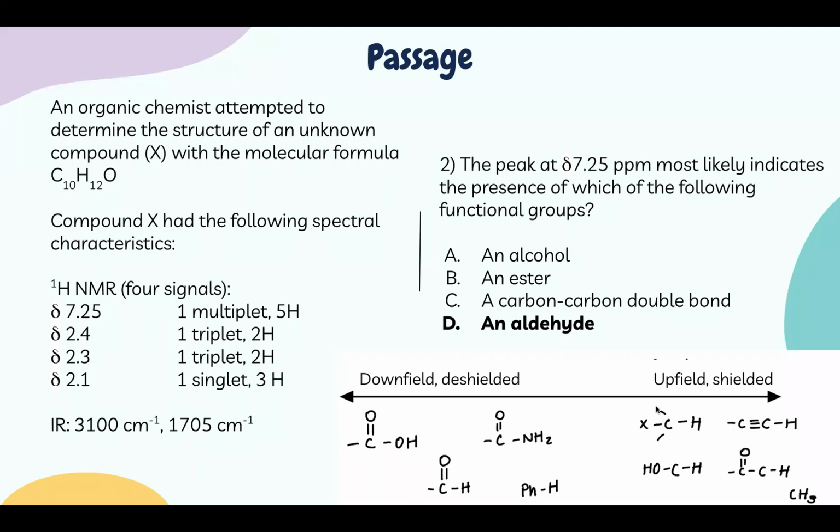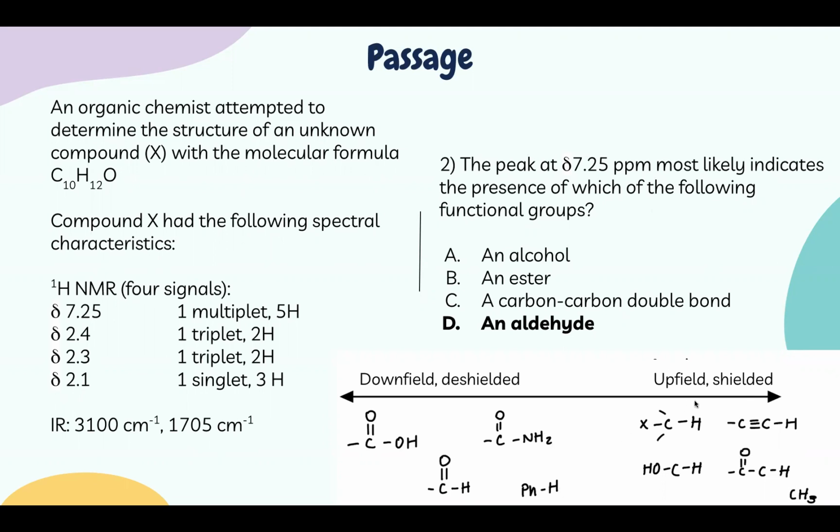So you would be right if it was, sorry, I don't know if you said a carbon-carbon double bond or an alcohol, but I wanted you to pay attention to the chemical shift value, which was 7.25 ppm, which means that it's very downfield. Functional groups that cause deshielding are carboxylic acids, aldehydes, amines, and phenols.